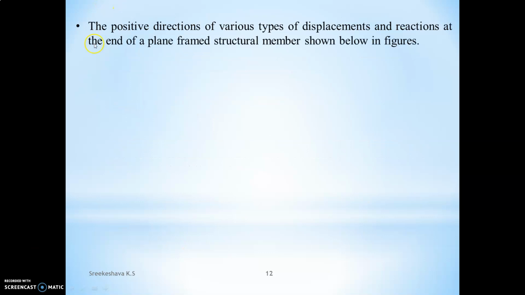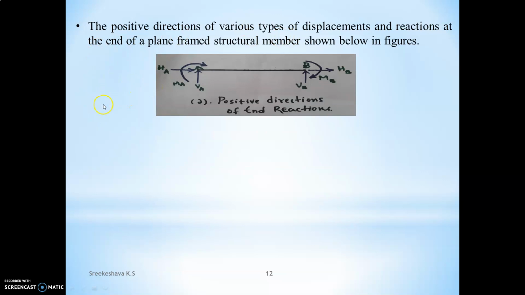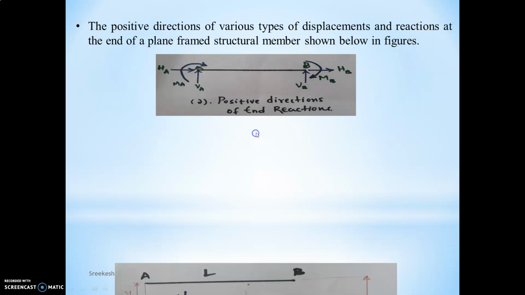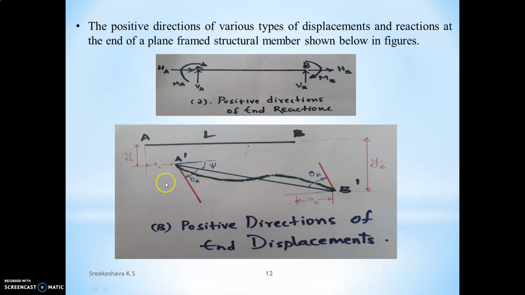See, the positive directions of various types of displacements and reactions at the ends of plane frame structure members are shown below. Just observe. AB is a beam having length L. I have considered three reactions at both joints: positive vertical, positive horizontal, positive moment. Similarly at joint B, just see here. It's a very, very important thing.